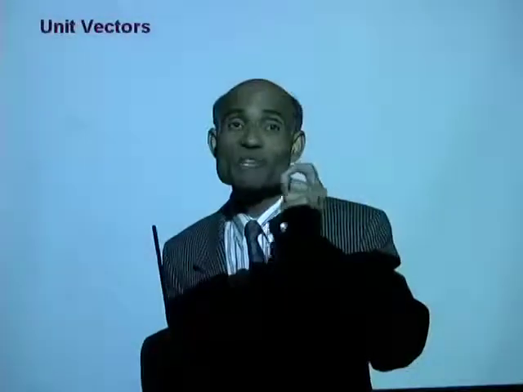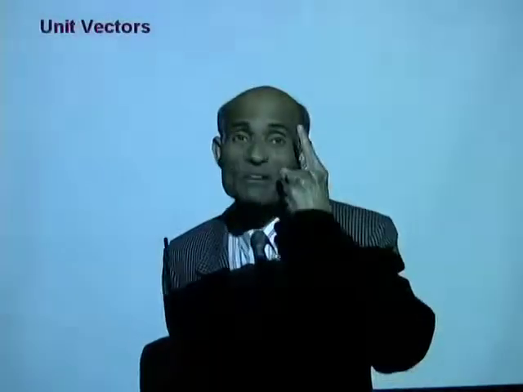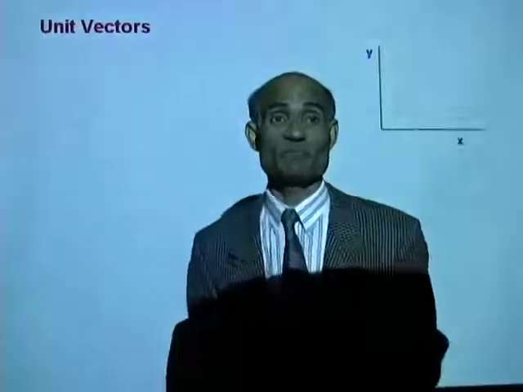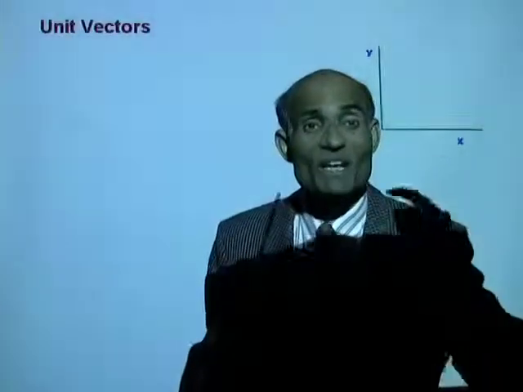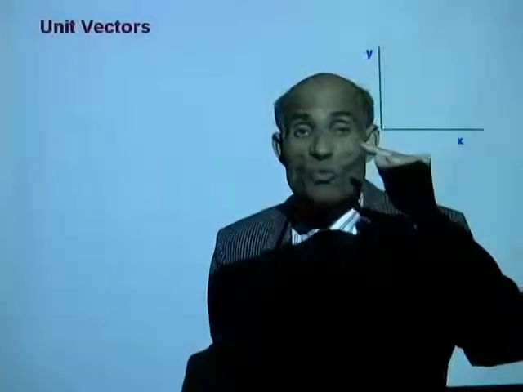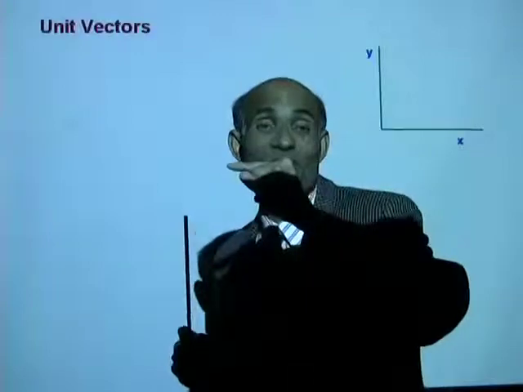Okay, let's move on. Let's now introduce the concept of unit vector. What is a unit vector? A unit vector is a vector of magnitude 1. That's why it's called a unit vector. So if you now take the x direction and the y direction, we can have a vector of magnitude 1 unit along the x-axis.